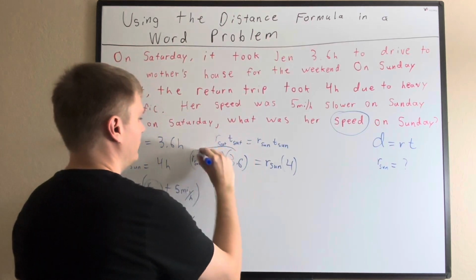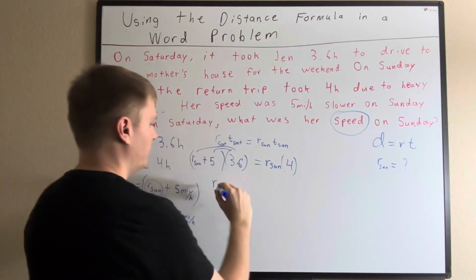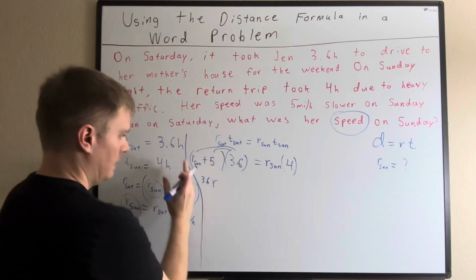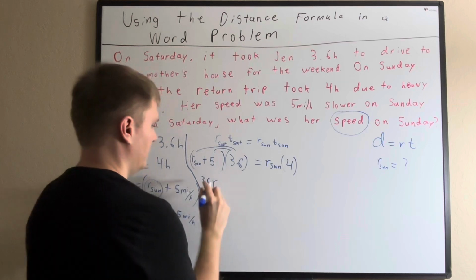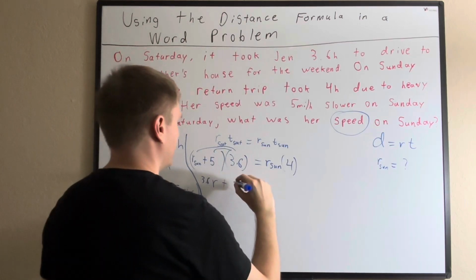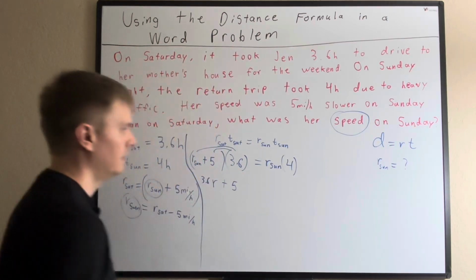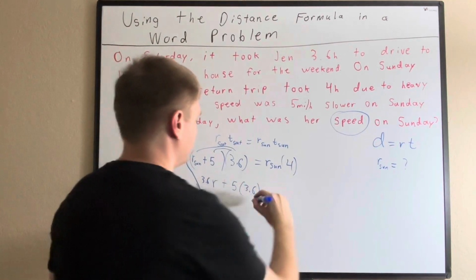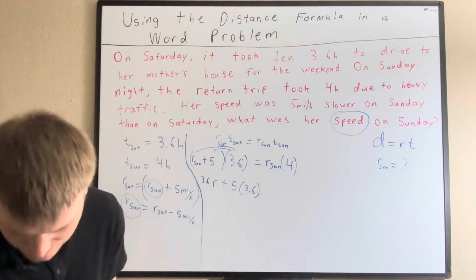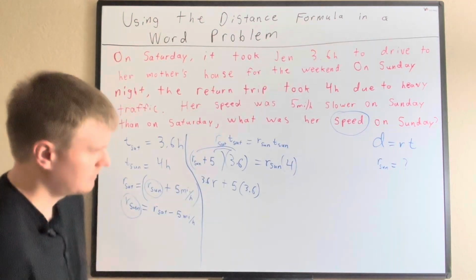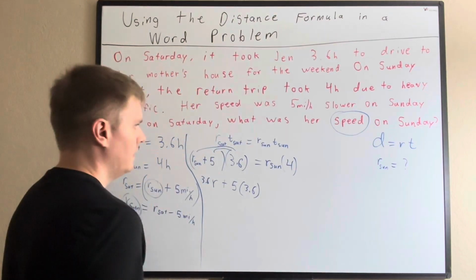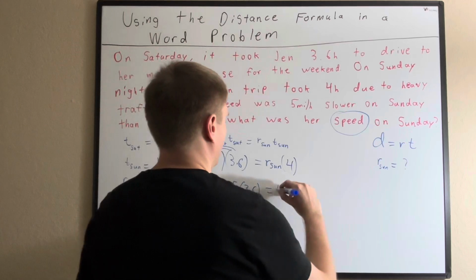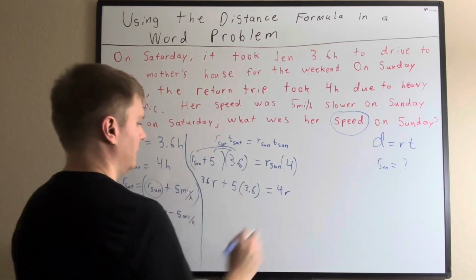So we're going to distribute the 3.6, so it's 3.6R plus 5 times 3.6. Whoa. Well, let's assume that you don't have a calculator. Equals 4R.